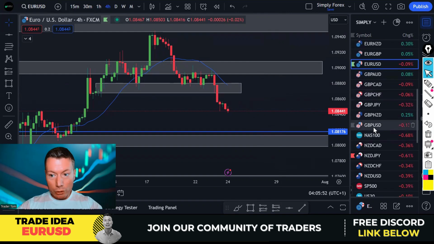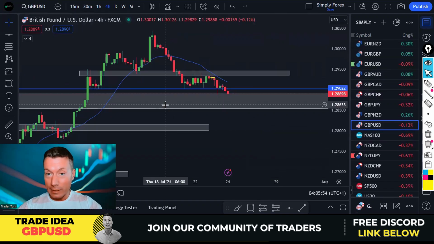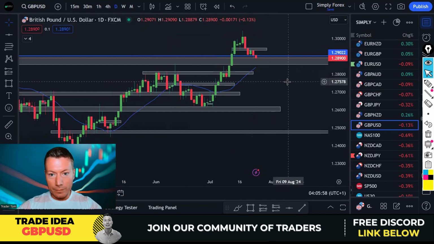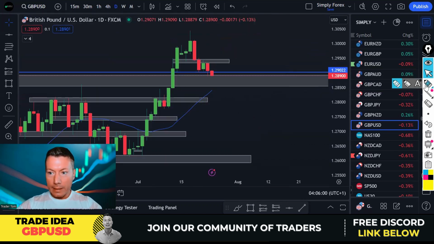I'm still interested in pound US dollar and this US dollar strength. So let's start with the day chart. Again, we already know this trade from yesterday, guys, right? We was in an uptrend and then bang, we broke down, come back to this support level, now resistance, and we've got a reaction, right? It's come down further.